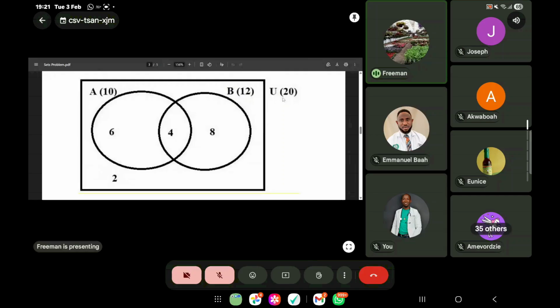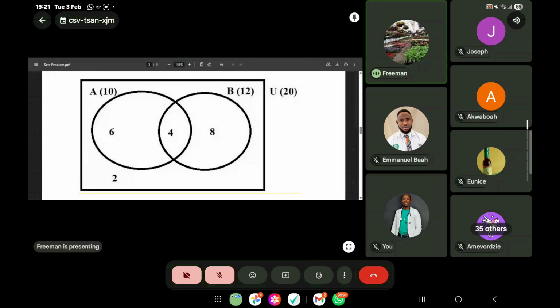Now, the U you are seeing there is a universal set, and the 20 in the bracket tells you that there are 20 elements in the universal set. And this universal set has two subsets. The first subset is A, that has 10 elements.